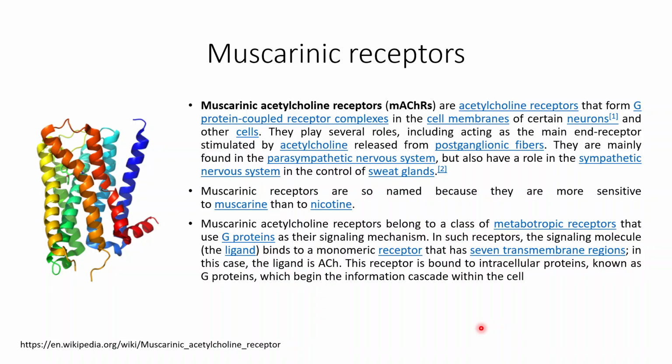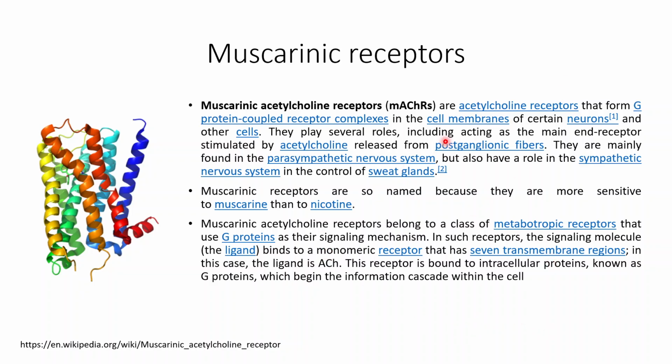Do you guys know what GPCRs are? If not, I have one slide explaining how GPCRs work, in case anyone needs to jog their memory on how they function. But I'll just talk about the basic function of them.